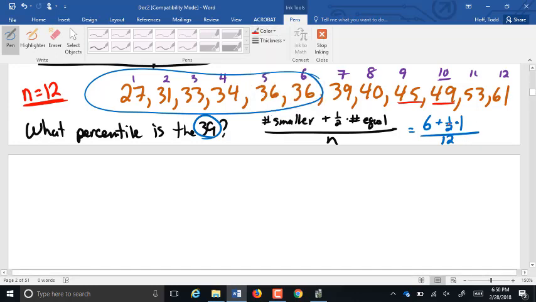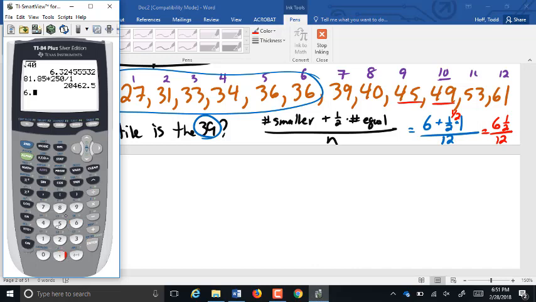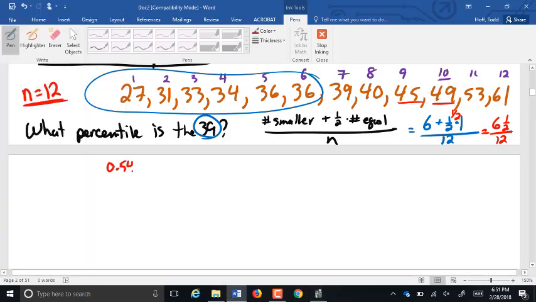So we do order of operations here. 1/2 times 1 is just 1/2. 6 plus 1/2 is 6.5, divided by 12. 6.5 divided by 12 is 0.5417, which is the 54th percentile. You might go 54.2 percentile or whatever, depending on what you're asked around.